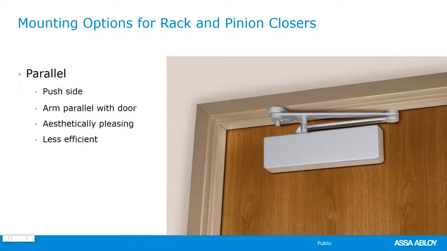You can get all of the door closers with ASA ABLOY in some configuration or another. You can get them custom plated, custom powder coated. So it's really great. Let's say you have a really cool black suede powder coat frame and door, you can get that matched to the same color, and it just kind of blends in and disappears.